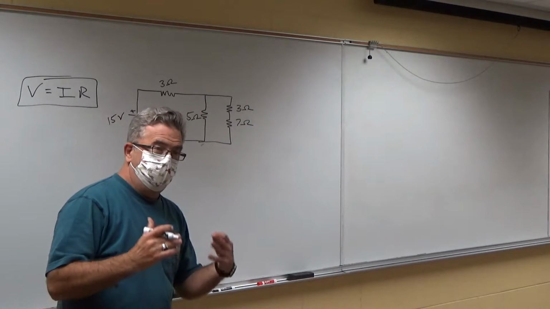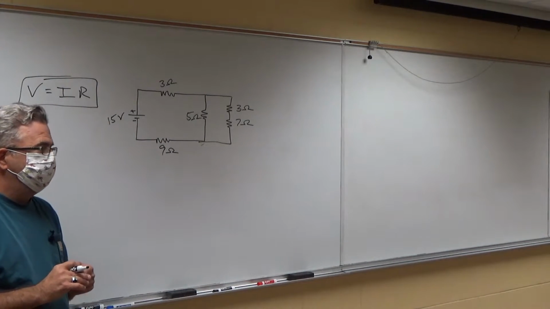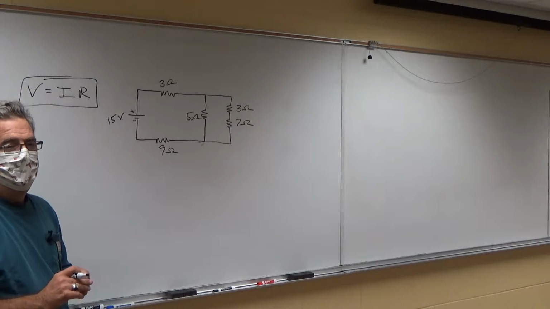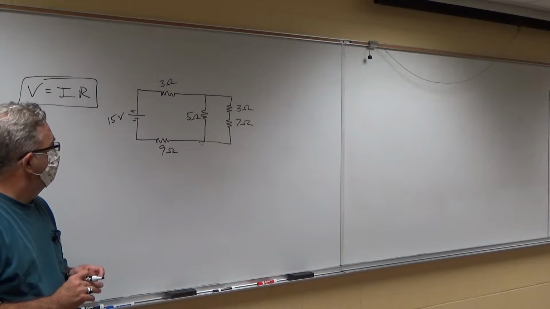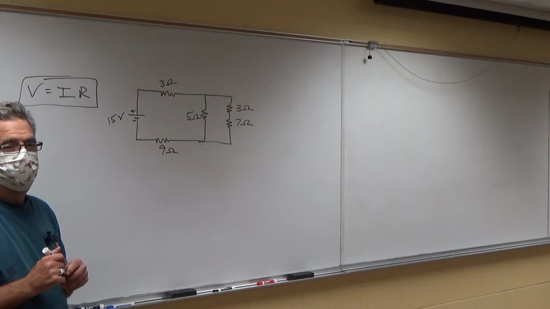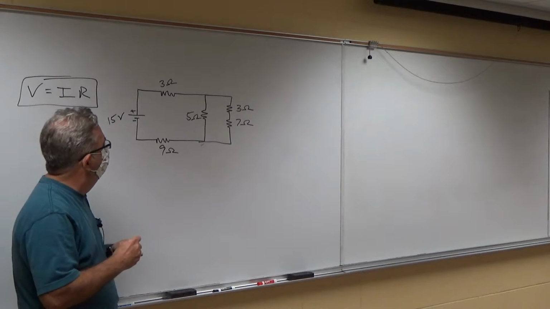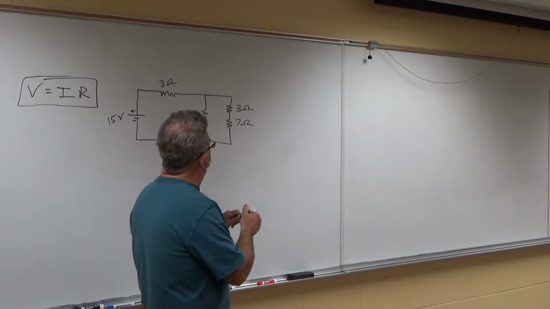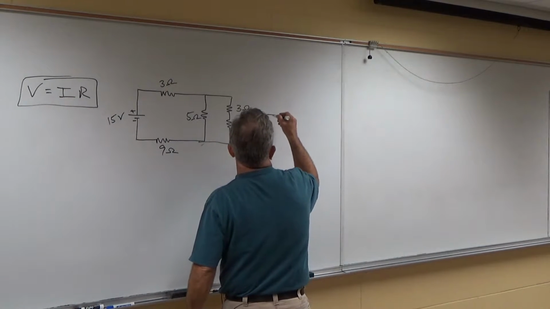So the game is to figure out, okay, what's in series, what's in parallel, what can I immediately reduce? Find an equivalent resistance. 3 and 7 are in series. I'll go ahead and draw a new picture for that.